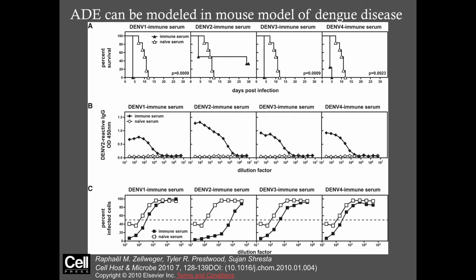And that's largely due to, shown here is neutralization of them. If you just look at this bar here, which is neutralization of dengue 2 by dengue 2 specific serum, this line is shifted to the left, which indicates less efficacy for all these other serotypes.